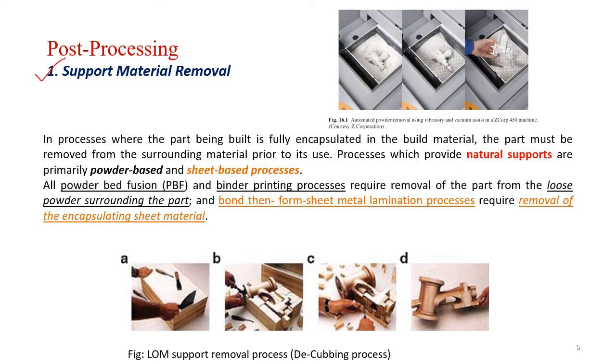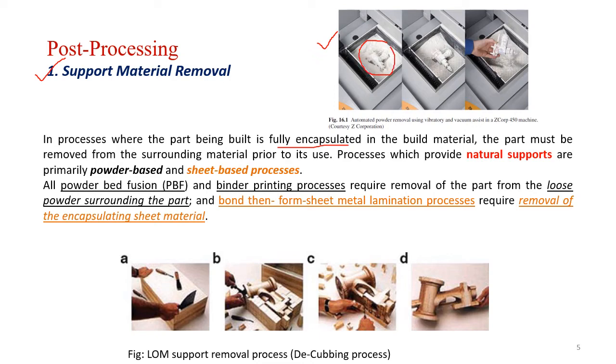Here we will know about the first post processing technique, that is support material removal. This is a common method of post processing. In this process the part being built is fully encapsulated in the build material. Here you can see one typical example of a powder based process in which the part is encapsulated by the powder surrounding it.